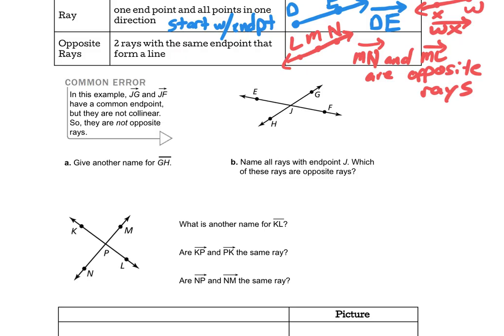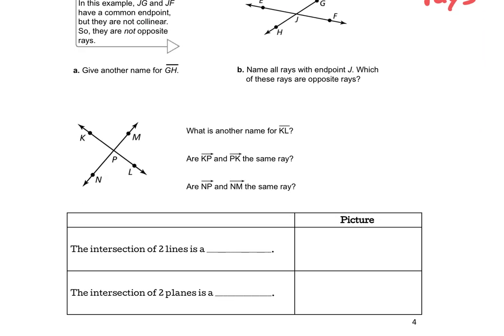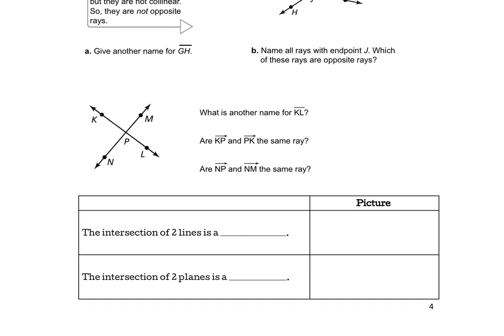JE, right? If I said JG, what goes opposite of JG? JH, right? They have to move in opposite directions. So if I start here and move this direction, then I got to start here and go the complete opposite direction. Okay? So you can't shoot off in a different angle or a different direction. Okay, so that's a really, really important piece of information. They are not opposite rays.